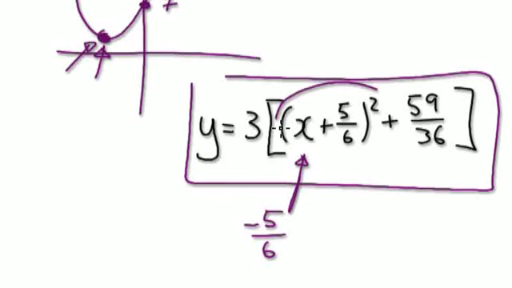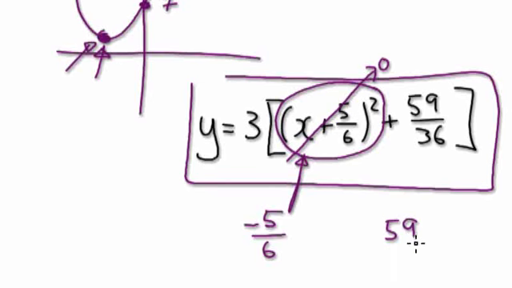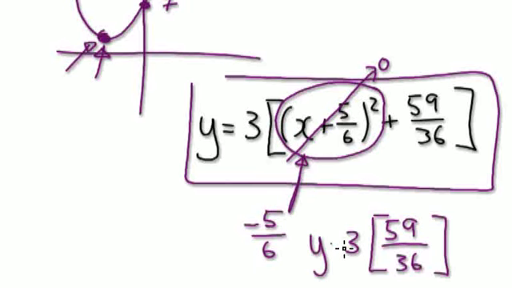If you put minus 5/6 into this x here, this whole thing will become 0, leaving you 59 over 36 inside the squared bracket, and then don't forget you still have to times by 3.